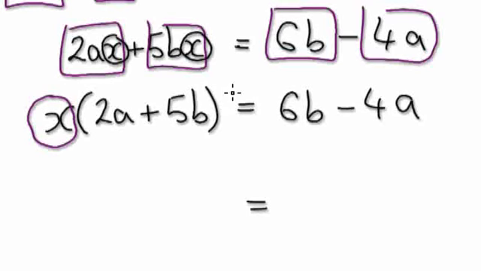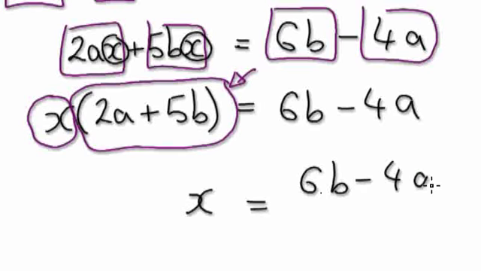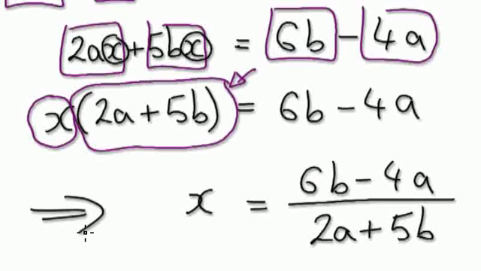At the moment you've got this times this thing, so divide both sides by this bubble. On this side you have x. On this side, take the whole lot down and divide by 2a plus 5b. So you've just made x the subject.